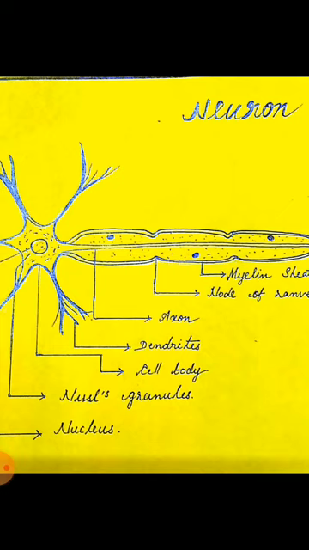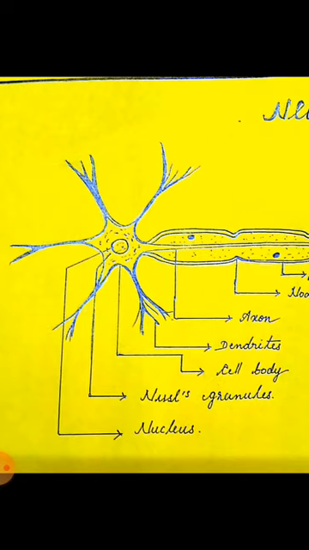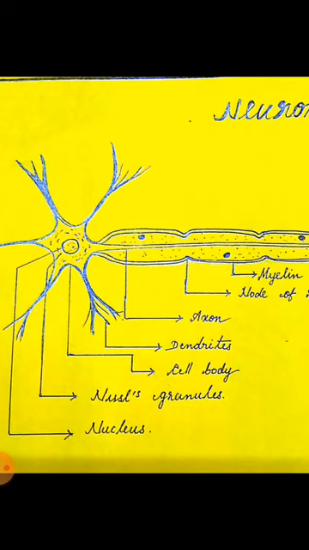Another part of this neuron is dendrons and dendrites. The branches which are given out from the cyton are called dendrons, and further they are divided in the form of dendrites. Now, one of the branches which is very long in comparison with others is called the axon.